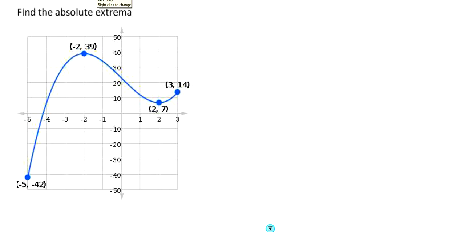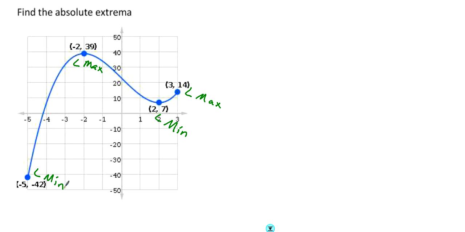When we look at this, we can tell which one is our absolute max and our absolute minimum. This one right here at 2, 7 is a local minimum. At 3, 14, this is a local max or relative max. This is also a local maximum, and this is also a local minimum.